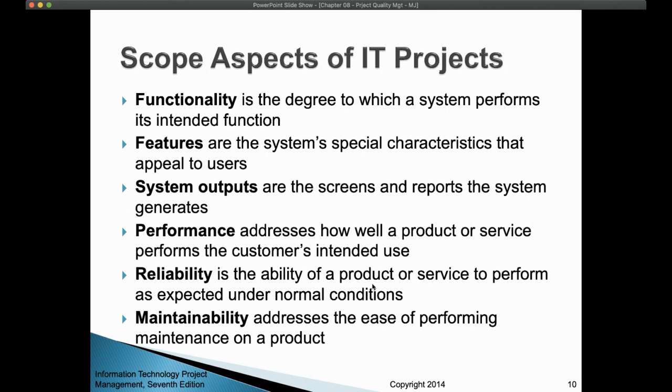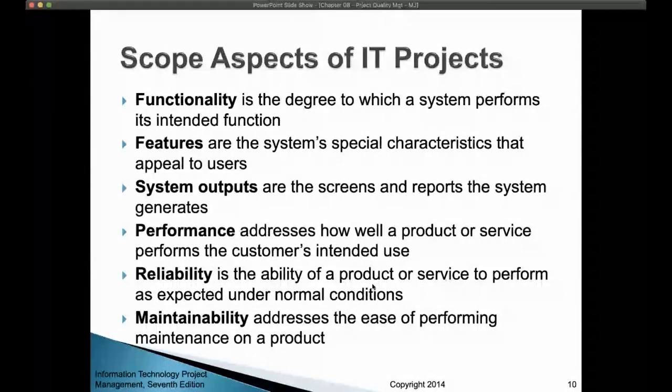The engine needs to have its oil changed, but you didn't design the engine to be opened to change the oil. So what will happen? Your engine will blow, and then you need to replace the engine. So maintainability is important to address in your product or in your system, so that you meet the quality standard again.